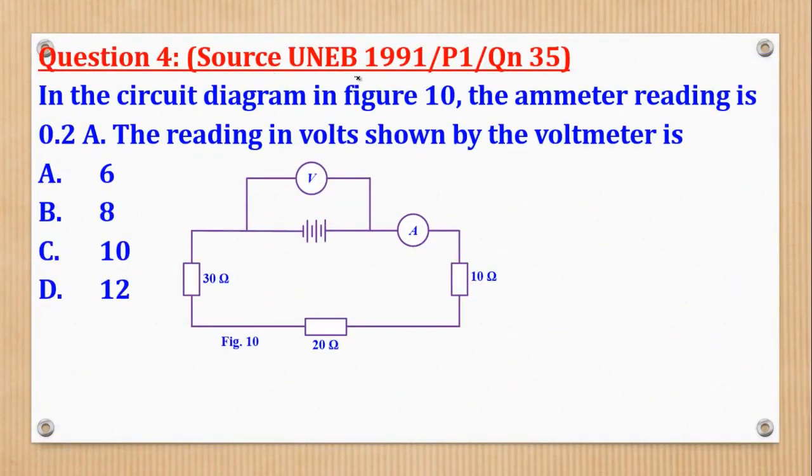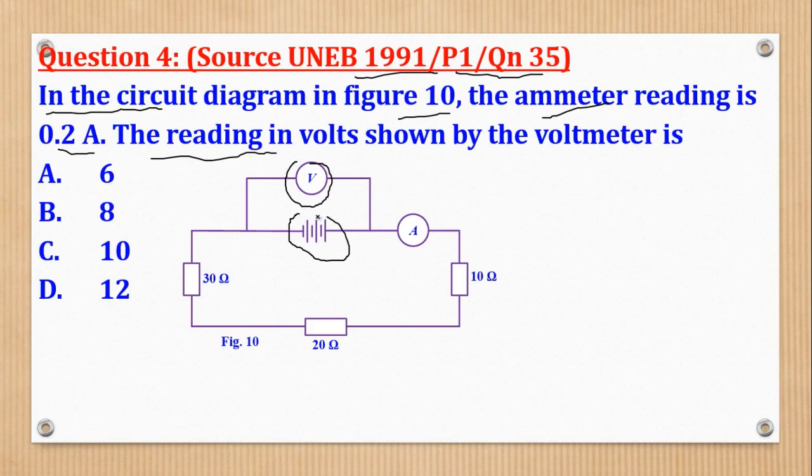Then question 4 came from UNEB 1991, paper 1, question 35, and it says, in the circuit diagram in figure 10, the ammeter reading is 0.2 ampere. The reading in volts shown by the voltmeter is, so they want the voltmeter reading. So this voltmeter reading is connected to the source of the PD, meaning that they want the value of the total PD.